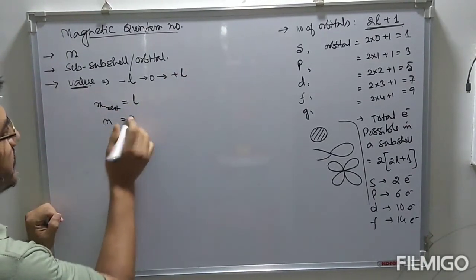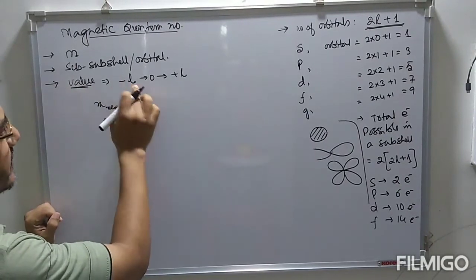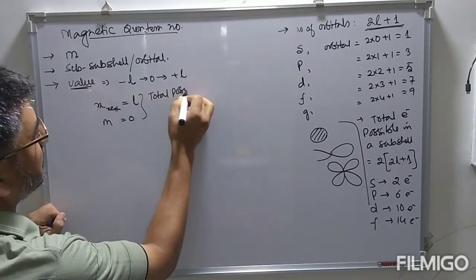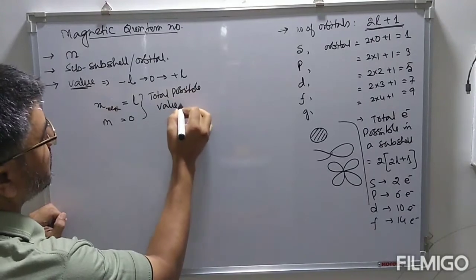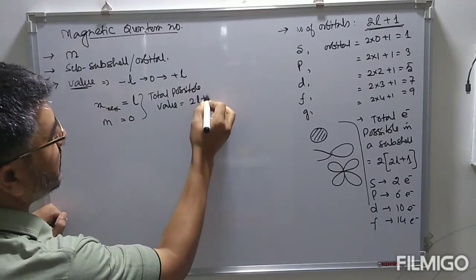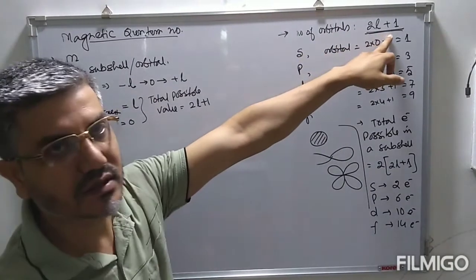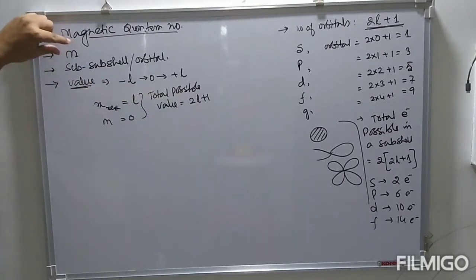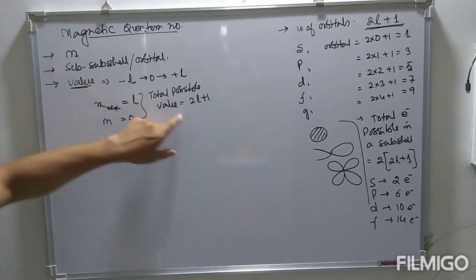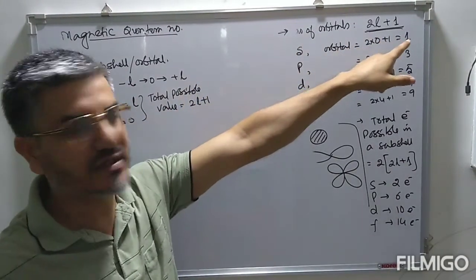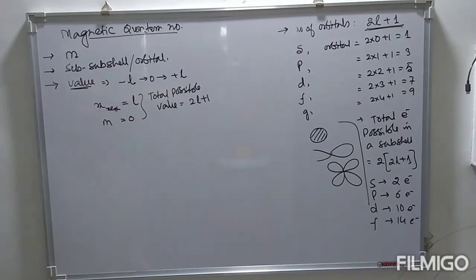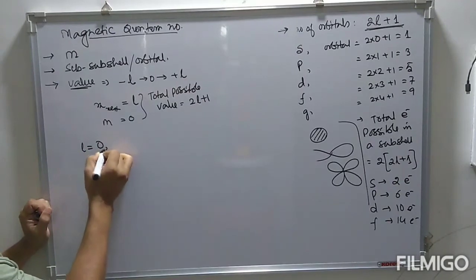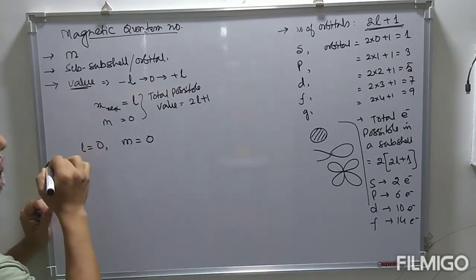Now this m can have 0, m also can have l. So total possible values of m is twice l plus 1. That represents the orbital. So the value of l defines the value of m, and the total possible values of m is twice l plus 1, which is nothing but the total number of orbitals that we have defined in the previous quantum number. So look at this. If l equals 0, m equals 0.